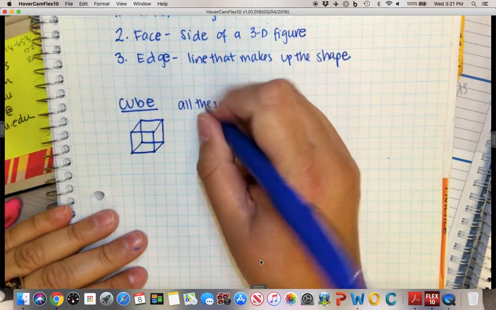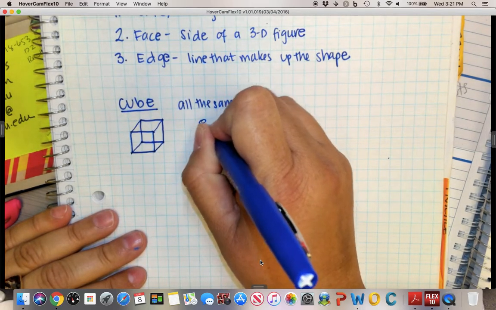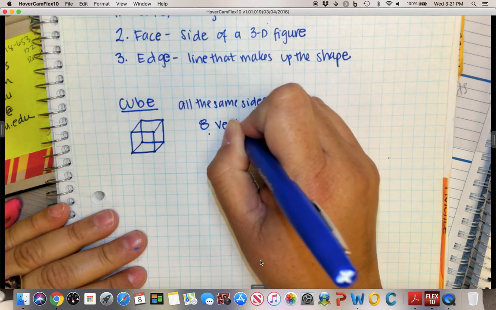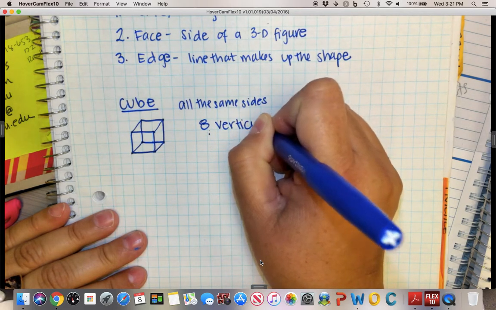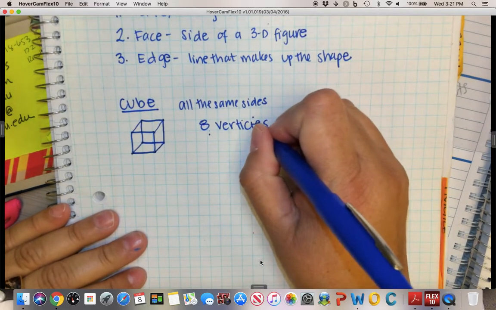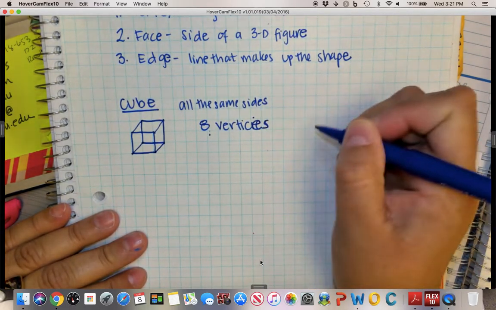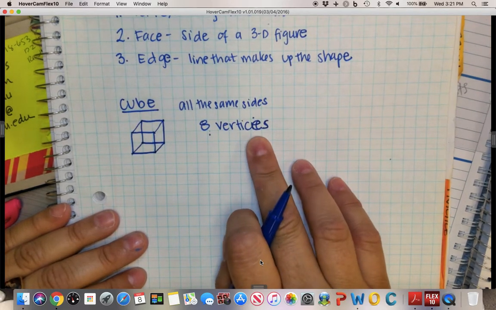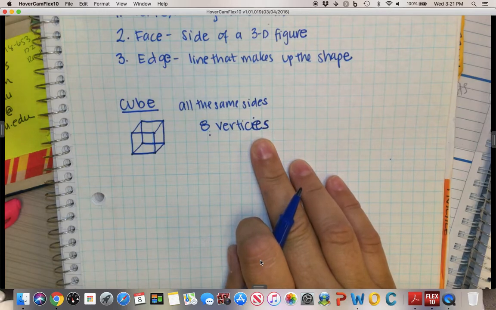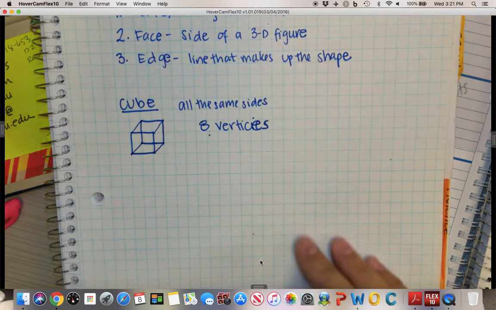A cube has 8 vertices, and vertices is, I don't think there's an I there. I think it's just this. I don't know. V-E-R-T-I-C-E-S. I could be wrong. But vertices is plural for vertex.